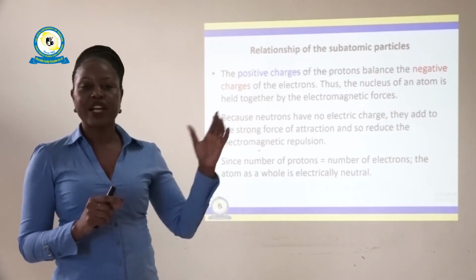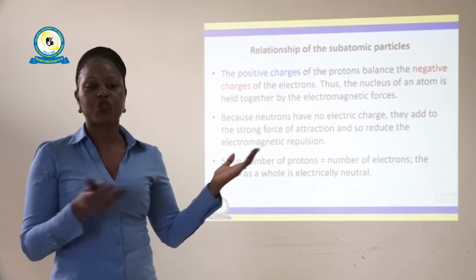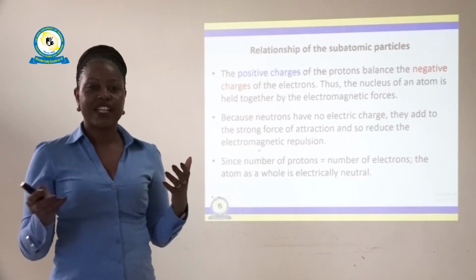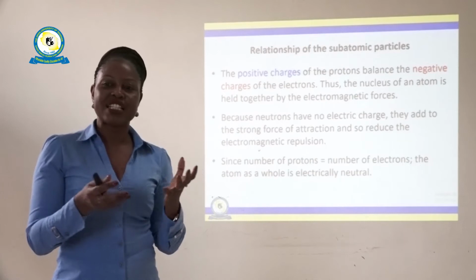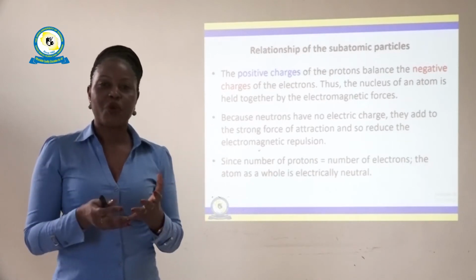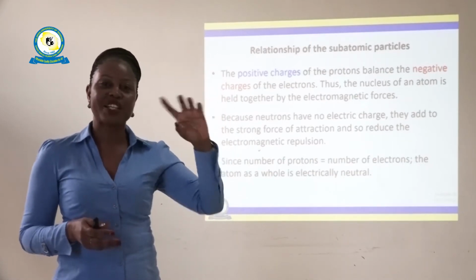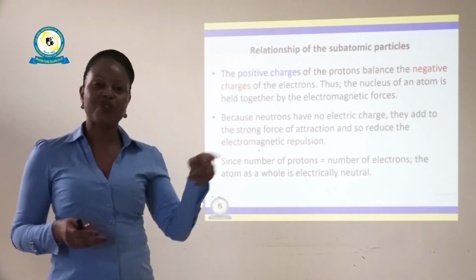Because neutrons have no electric charge, they add to the strong force of attraction. And this is compared to the solar system, whereby we have the sun at the center and the planets revolving around the sun.